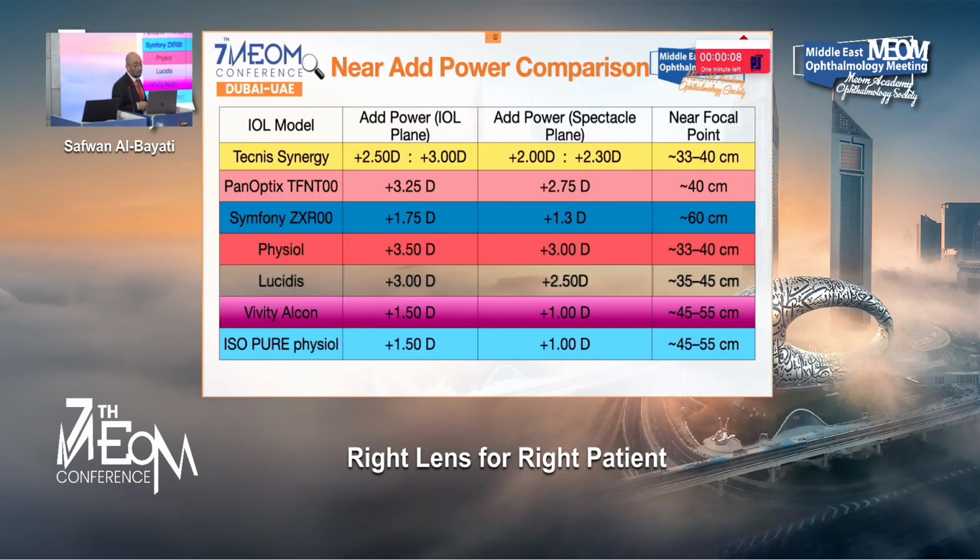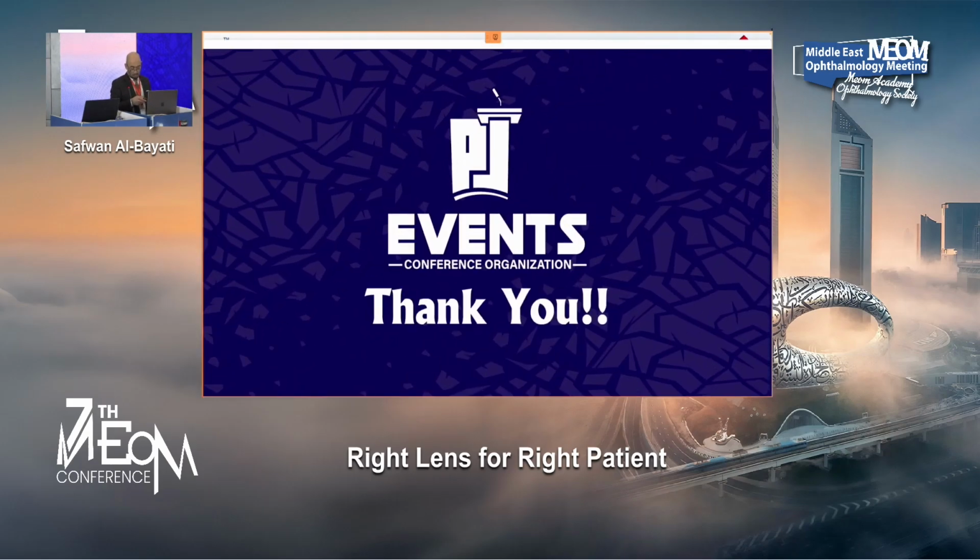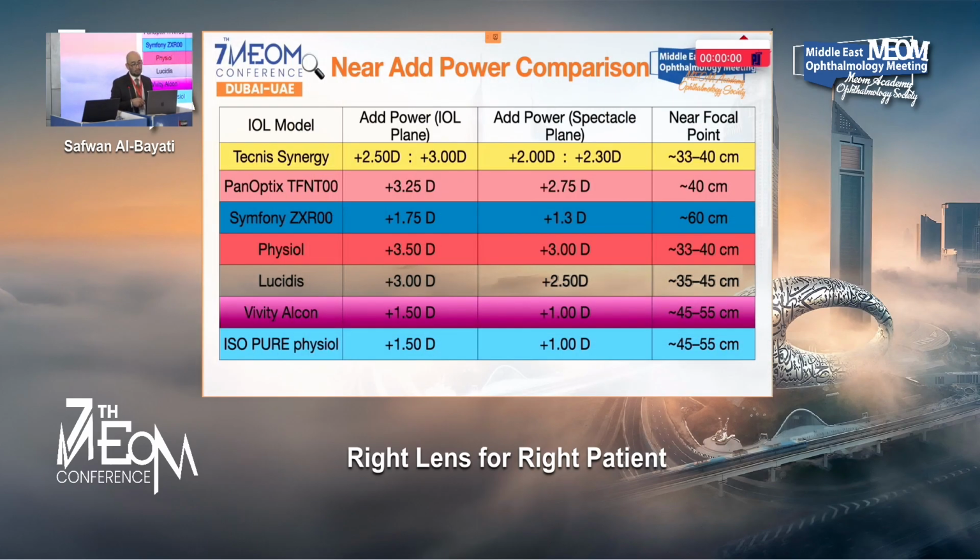Now, what's the add in precise? And no one of the companies is giving you these numbers, but no, it's finished. Techno Synergy +2 at the end, +3, plus 2.5. That's what they mentioned, but actually it's not.